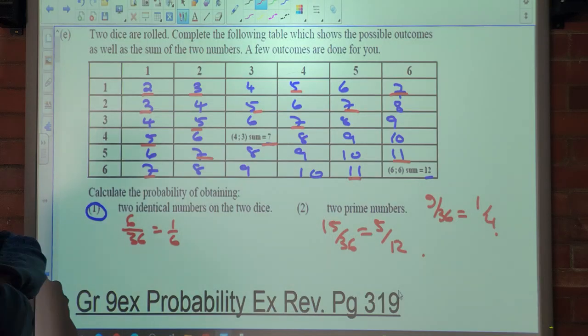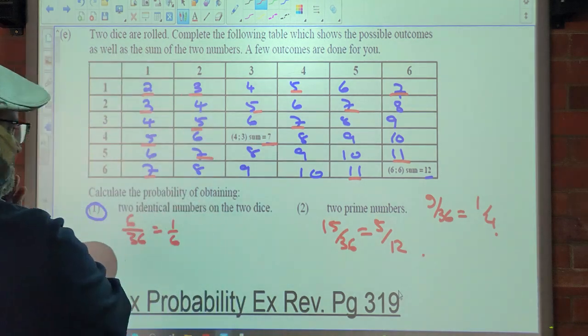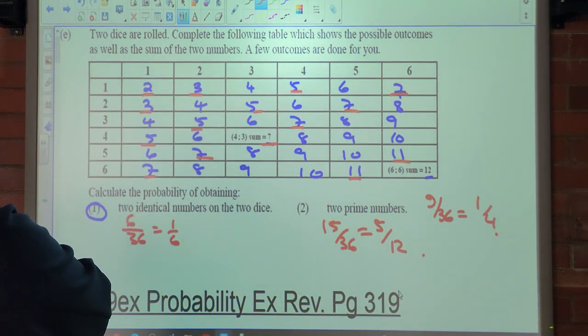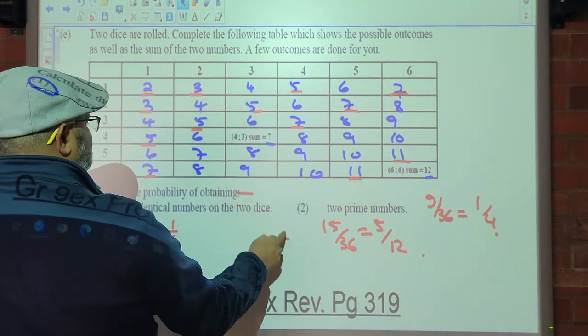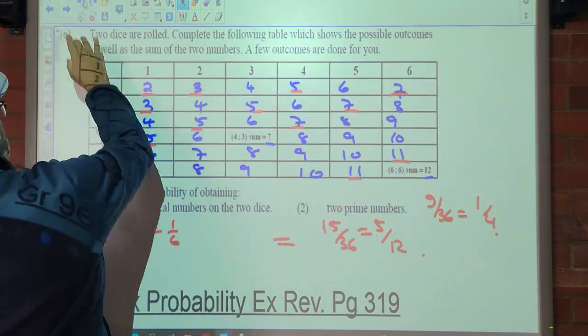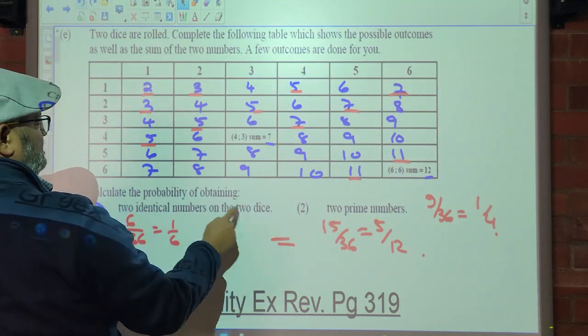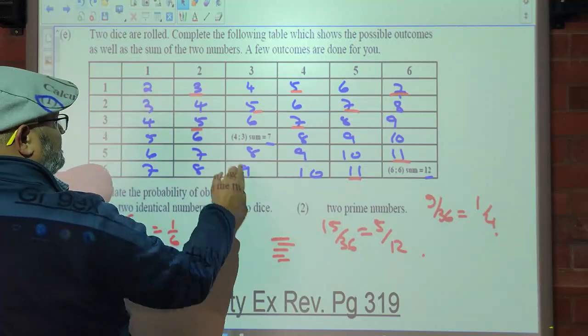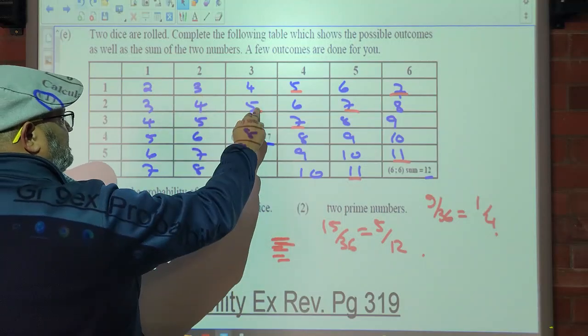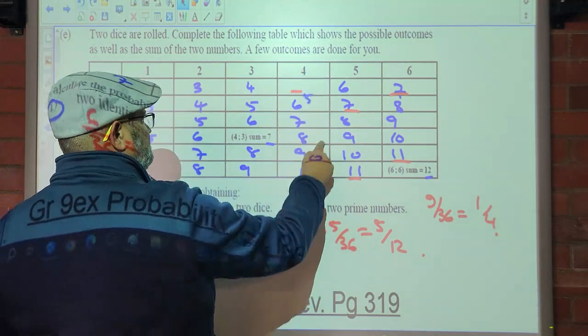So what's the question? Or the numbers on the dice must be prime numbers. We're doing the sum being prime numbers. So I'm wrong. Not the dice must be a prime number.